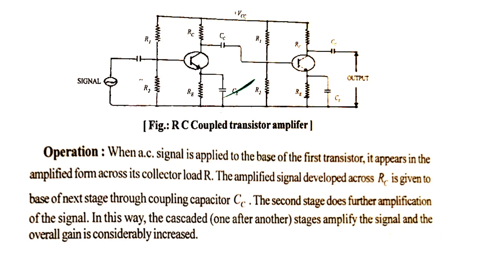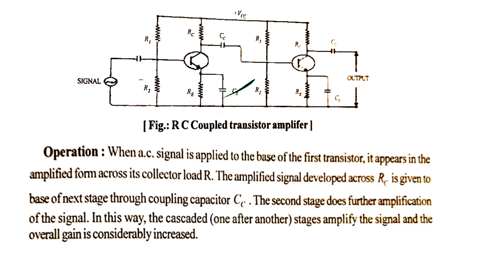It is because when a second stage is made to follow the first stage, the effective load resistance of the first stage is reduced due to the shunting effect of the input resistance of the second stage. This reduces the gain of the stage which is loaded by the next stage.